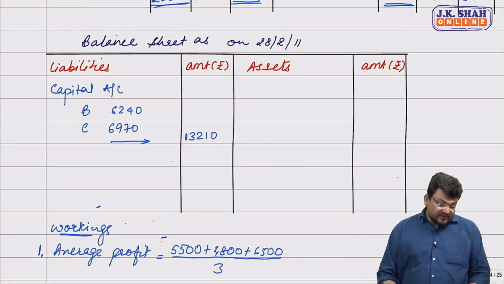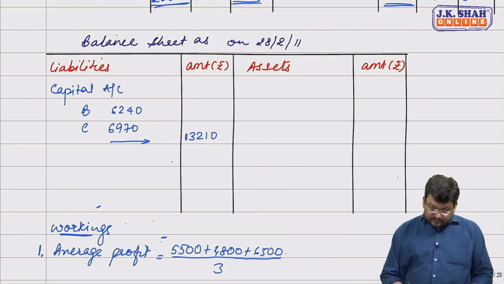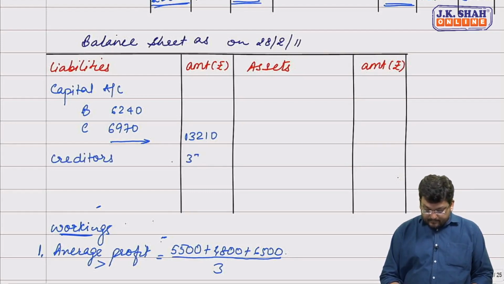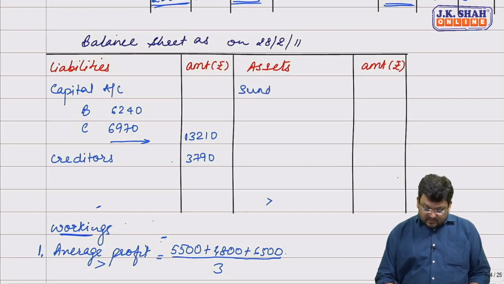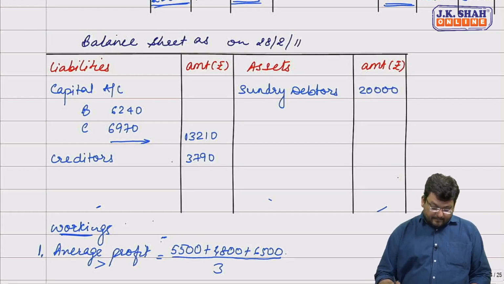Other liabilities include creditors of 3,790, profit distributed, joint life policy reserve distributed. Asset side, joint life policy no longer exists. There are sundry debtors of 20,000 and there is cash balance.